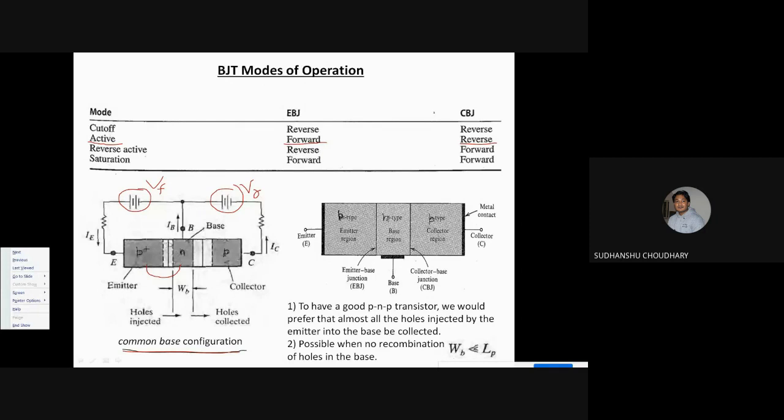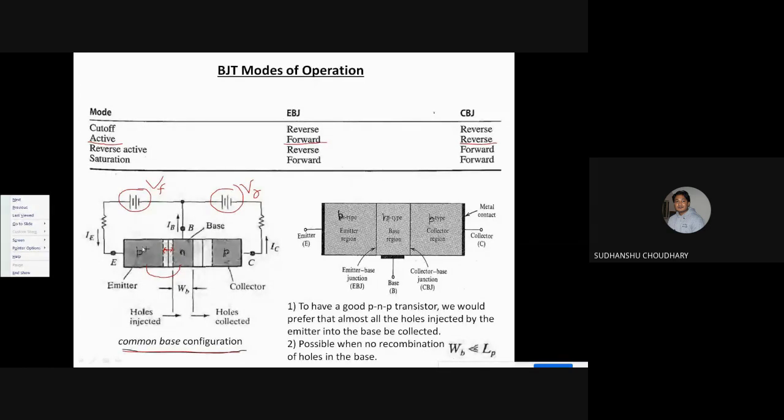So the first thing you would notice is that the depletion region will shrink here. Because the depletion region shrinks, you have disturbed the equilibrium. Because you have disturbed the equilibrium, the electrostatic potential at the junction has also reduced, that is, the built-in potential has reduced now.